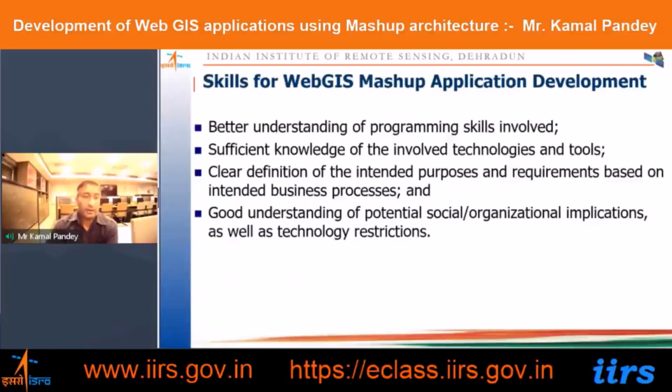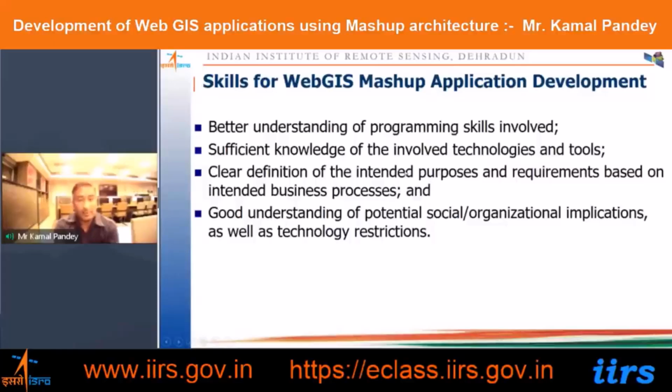So what are the skills for web Mashup application development? A better understanding of programming skills is involved here. Sufficient knowledge of the involved technologies and tools, you should be aware of those things. A clear definition of the intended purpose and requirements based on the intended business process.